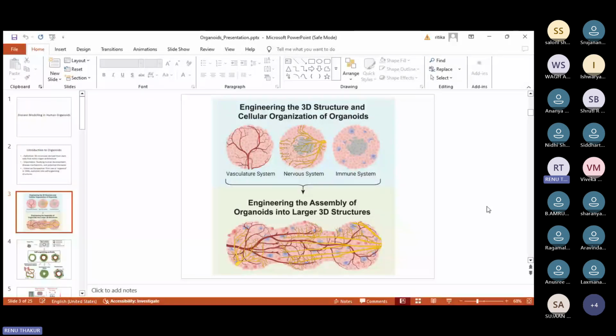As one of you mentioned, we do not apply anything externally. We just provide them an environment similar to the one they had in the body, and they organize themselves to be a brain, a heart, a kidney. This process is crucial for organoids to mimic the morphology and function of tissues, or you can say organs.